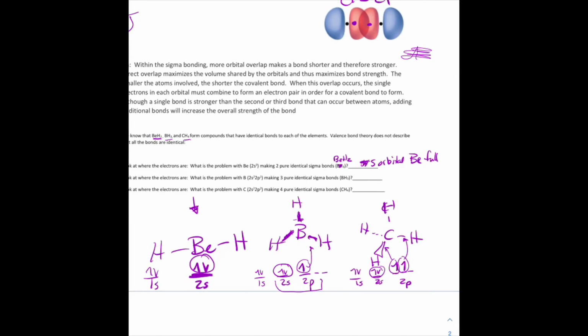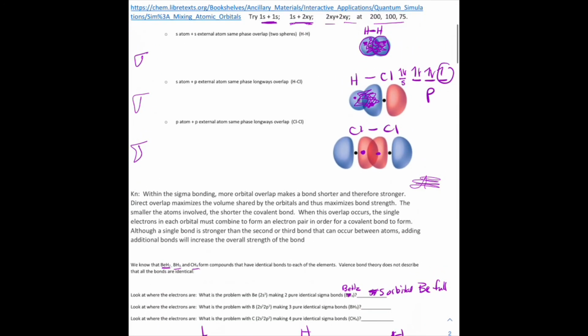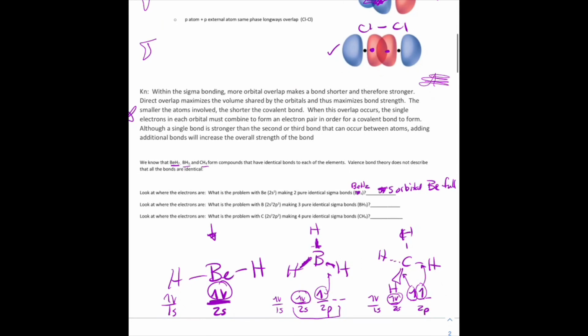But again, we have a problem. This is the problem that we're faced with. It all worked fine up here because they all had a space. They all had one electron spot open that they could do the bond with and have it be a straight sigma bond, and it was fine. And these guys don't have the openings. We know the bonds are supposed to be the same, but the ones that do have the opening don't have enough to make the rest of the bonds.